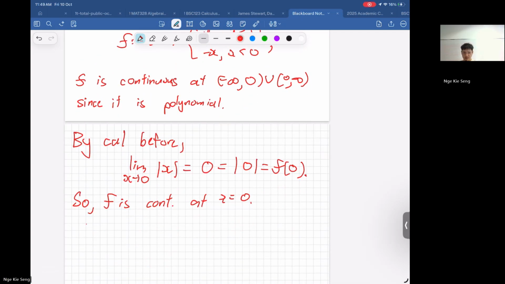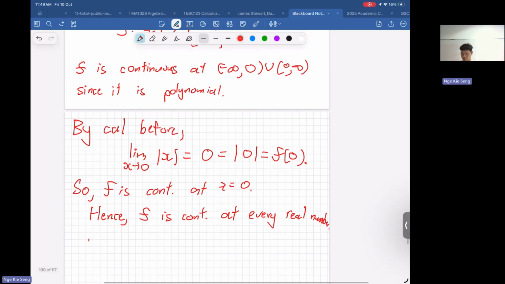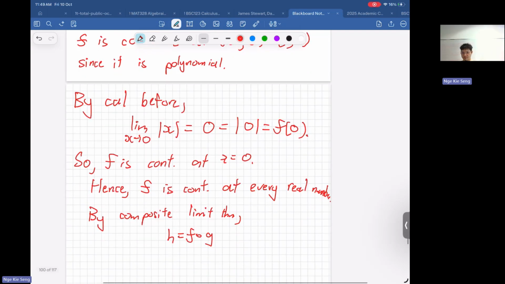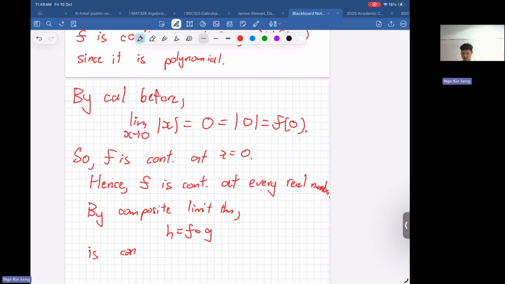Hence f is also continuous at every real number. Okay, so we can use the composite limit theorem to say that h is actually equal to f composed with g, which is continuous at every real number.